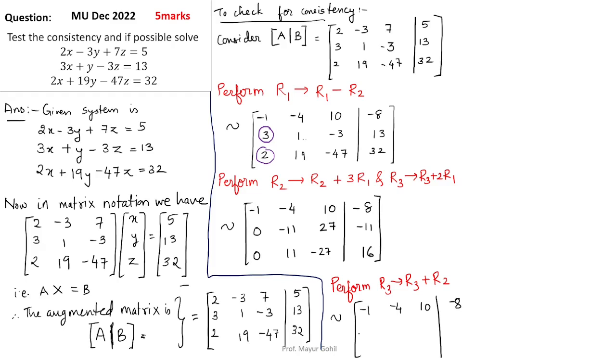Second row also now remains unchanged, 11, 27 and minus 11, no change. The third row, what we see is it becomes 0 0 in the first part of the matrix, and when you do the addition of 16 and minus 11 you will get 5. This is what you get.